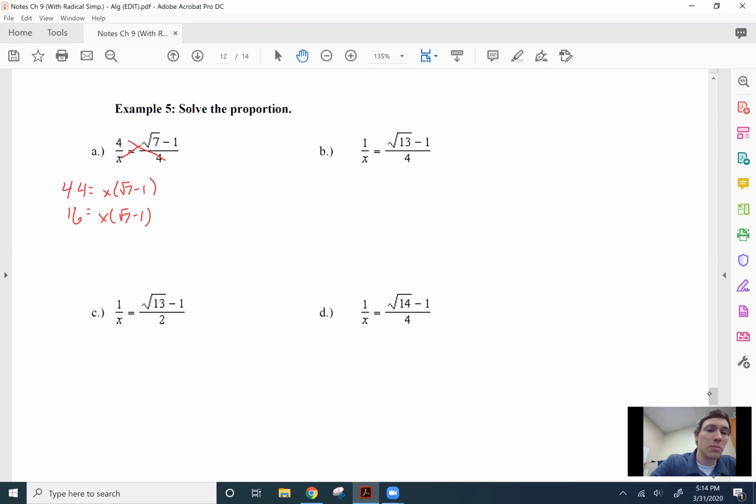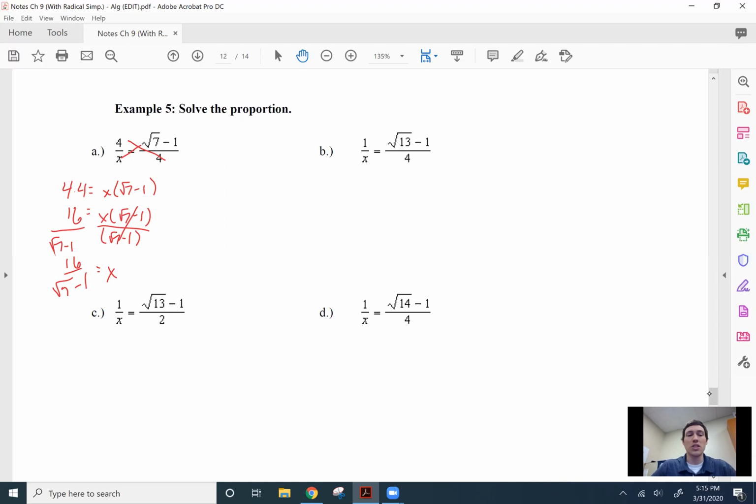Well, x is being multiplied by radical 7 minus 1, so I'm going to divide by radical 7 minus 1. That cancels, so I get 16 over radical 7 minus 1 equals x.